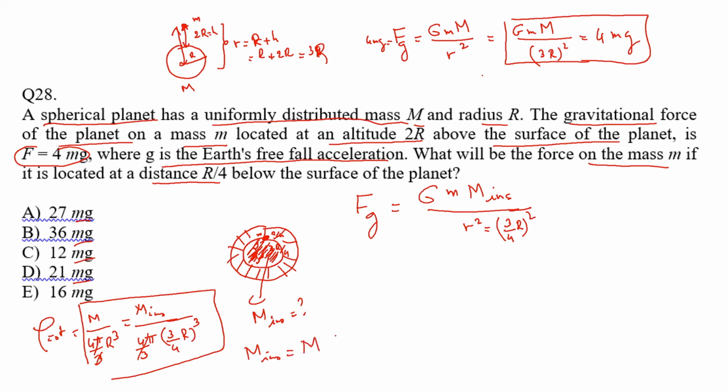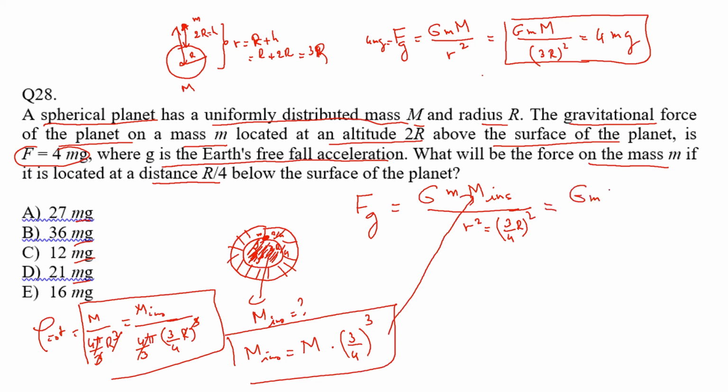Now I will have what? Of course, the r cube will go away. So I will have total mass, and now I will multiply it by 3 divided by 4 cubed. This is mass inside. Now I will bring it and plug it here. Now gravitational force will be what?